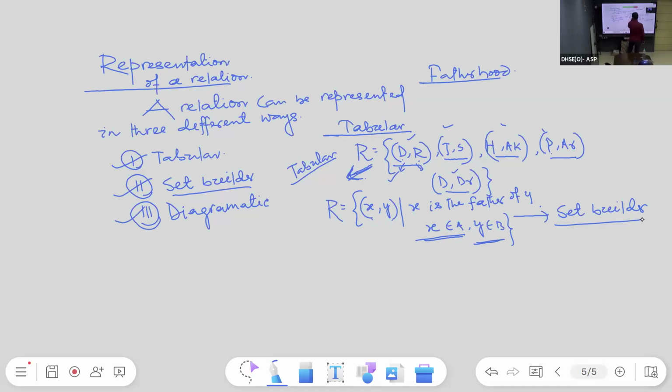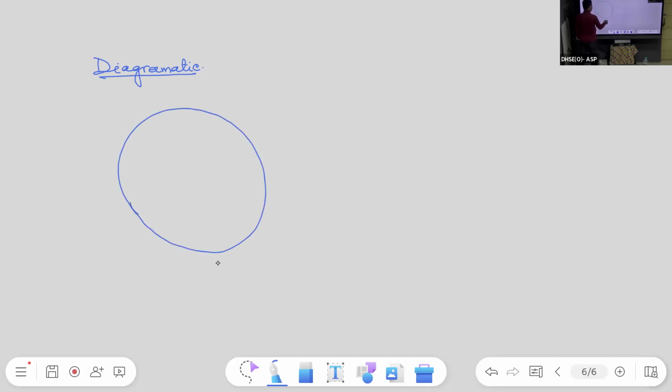Quickly note down on the next page. Diagrammatic. This is set A.